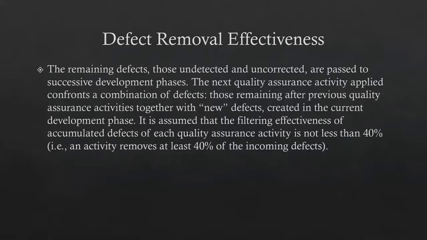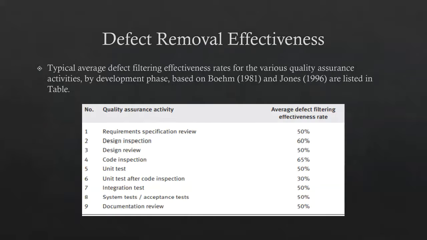For example, after previous quality assurance activities, together with new defects created in the current development phase, it's assumed that the filtering effectiveness of accumulated defects of each quality assurance activity is not less than 40%. Here we have a table with quality assurance activity combined with average defect filtering effectiveness.